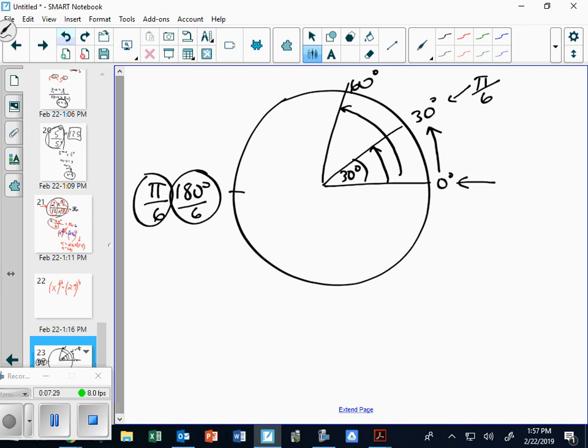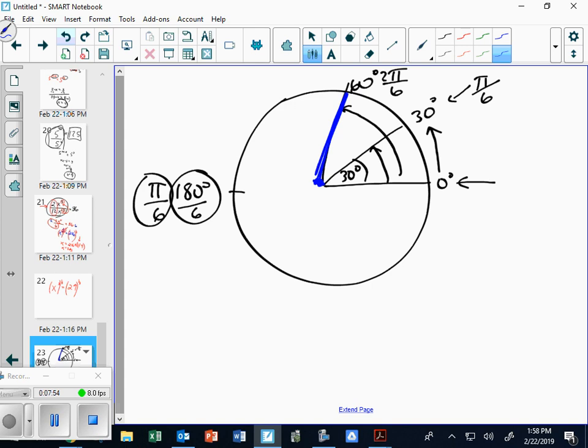It's 2 pi over 6. Now, some kids are going to say, can't I reduce that? Sure. What's 2 pi over 6 reduced to? Pi over 3. So this spot is supposed to be 60 degrees, and it's 2 pi over 6, also known as pi over 3.